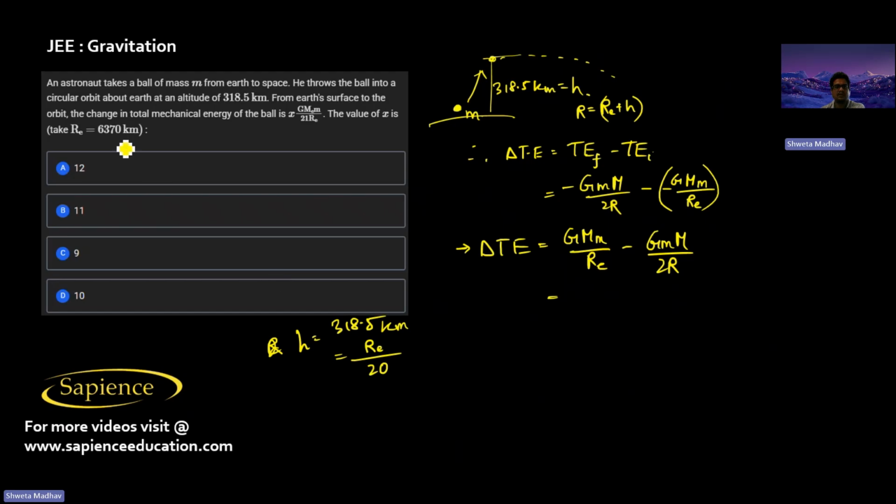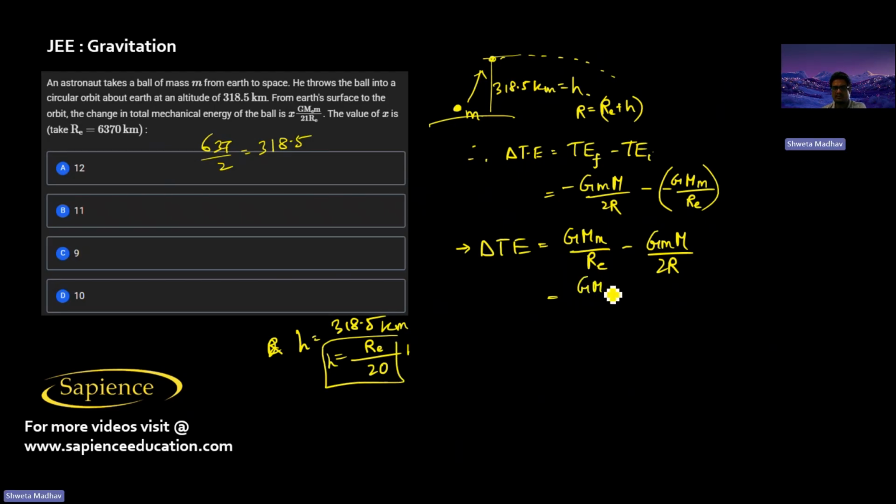Since if we divide by 10 this will become 637, and then dividing that by 2, we get Re by 20. So H is Re by 20.